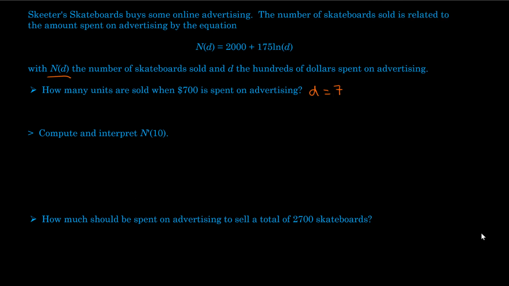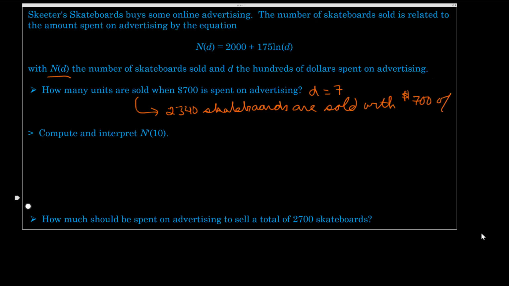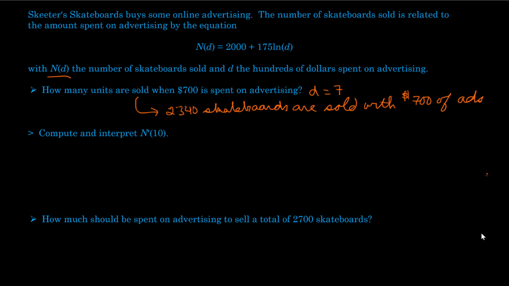How many units are sold? 2,340 skateboards are sold with $700 of advertising. Be careful, don't put down $7 of advertising. It's really important not to mess up your units.